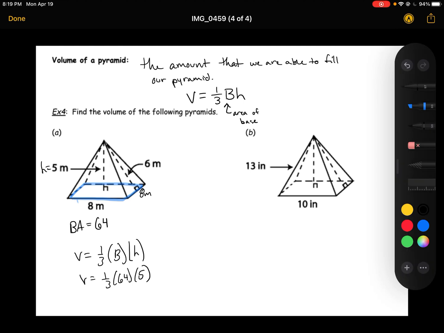So 1/3 times base times height. So 1/3 times 64 times our height of 5. And again, be careful with slant and with just height. So punch this into our calculator, 64 times 5, and then times 1/3 or divided by 3, it's going to give you the same answer as 106 2/3, 106.67 cubic meters for our first one.